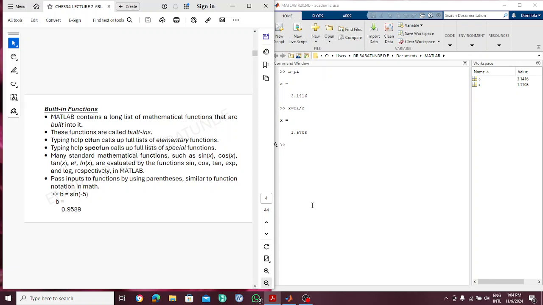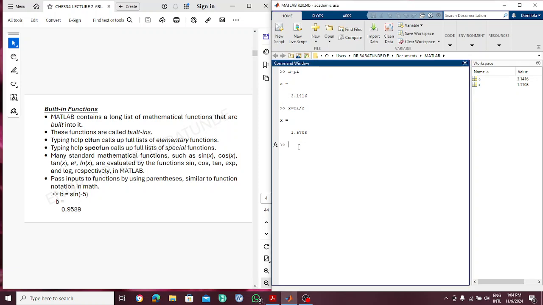When we type help elfun, it is going to give us a list of the elementary functions that are built in MATLAB. So they are called built-ins generally. So as I've typed help elfun now, I'm expecting to get a list of all of the elementary functions that are available in MATLAB. Let's give it a moment to process the result.